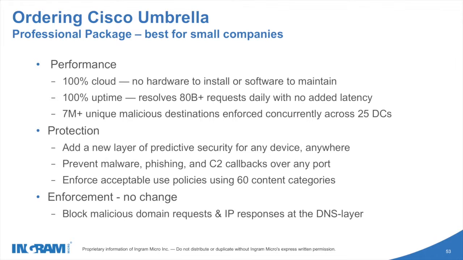Good. For protection, it adds a new layer of predictive security for any device anywhere, prevents malware, phishing, and C2 callbacks over any port, and enforces acceptable use policies using 60 content categories. This was not available for the entry-level roaming option.